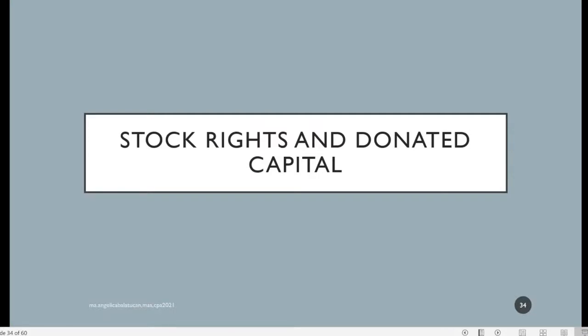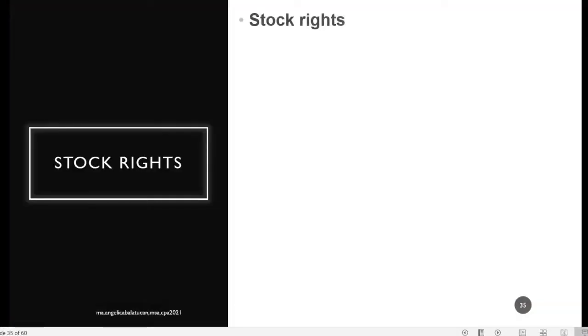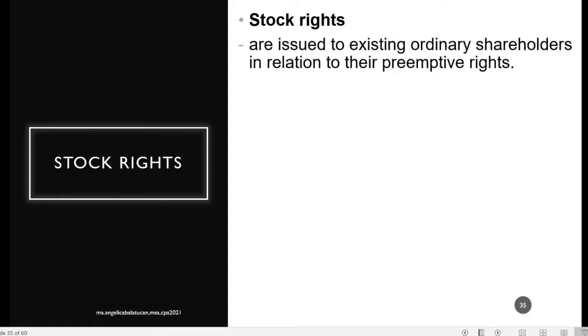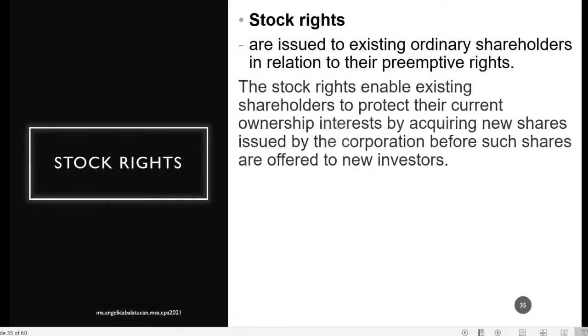Then we have stock rights and donated capital. Stock rights are issued to existing ordinary shareholders in relation to their preemptive rights. So the rights will give them the privilege or the right to buy more shares.